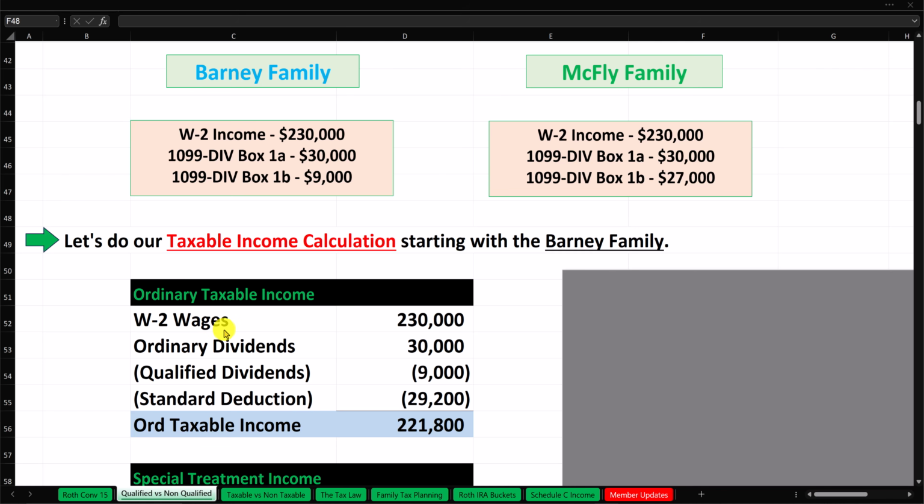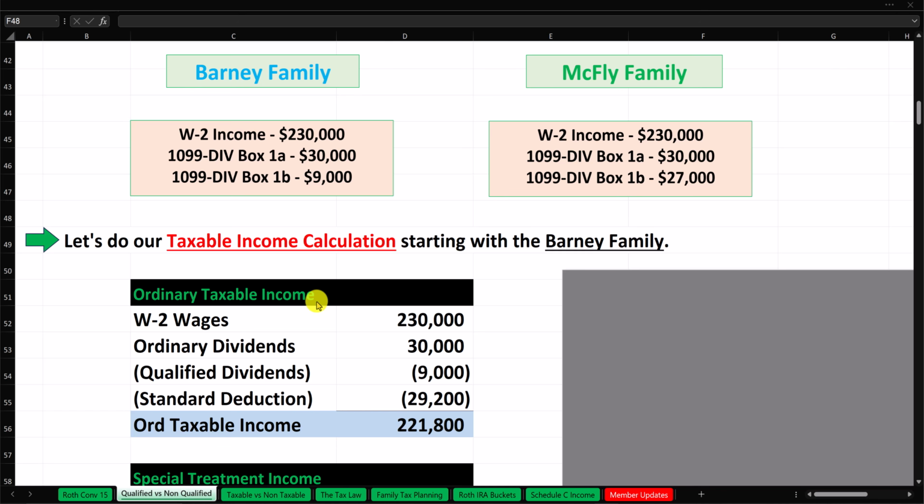All right, let's do our taxable income calculation starting with the Barney family. So we have the W-2 wages of $230,000. We have the ordinary dividends from box 1A of $30,000. Now we have to back out the qualified dividends from box 1B of $9,000, because remember, right now we're calculating ordinary taxable income subject to your ordinary income tax rates. And what did we say before?